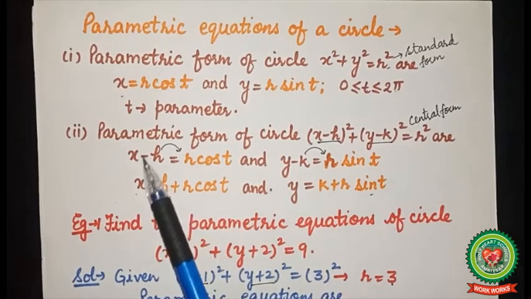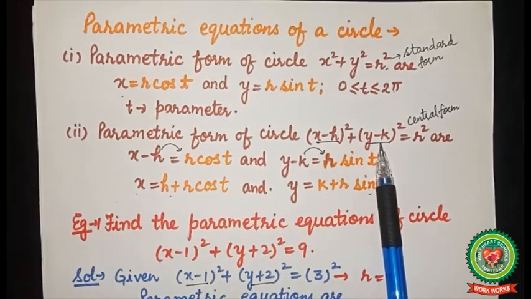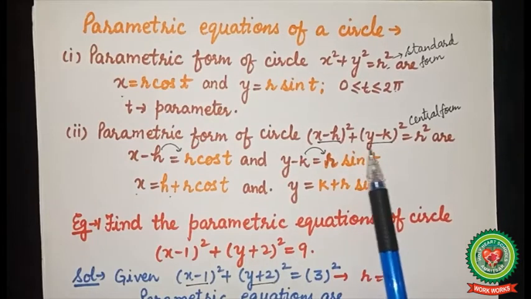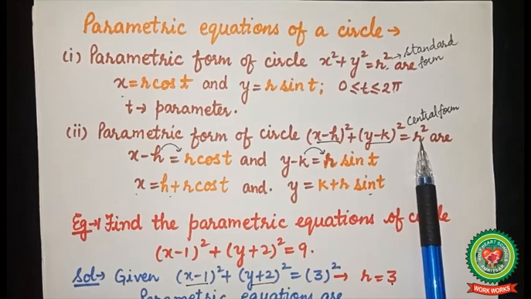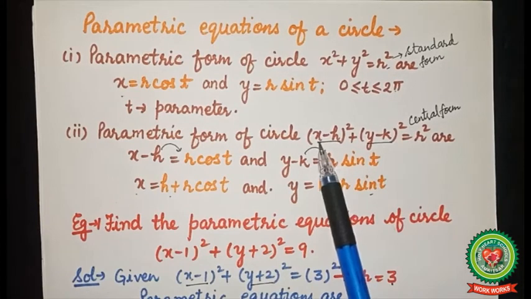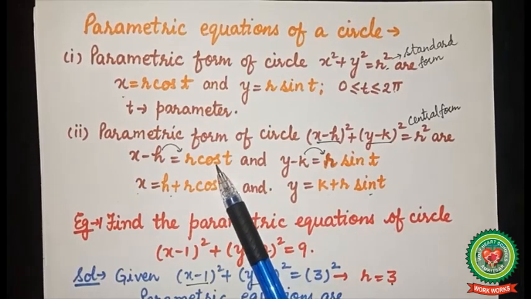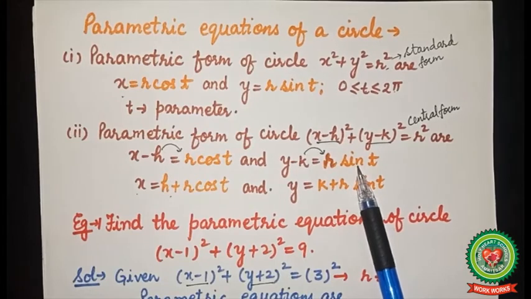Now, next is parametric form of circle for the central form, that is x minus h whole square plus y minus k whole square is equal to r square. In this case, we will put x minus h is equal to r cos t and y minus k is equal to r sin t.